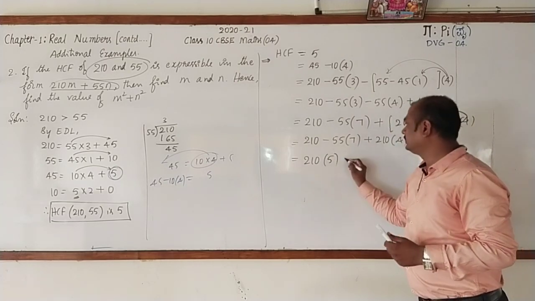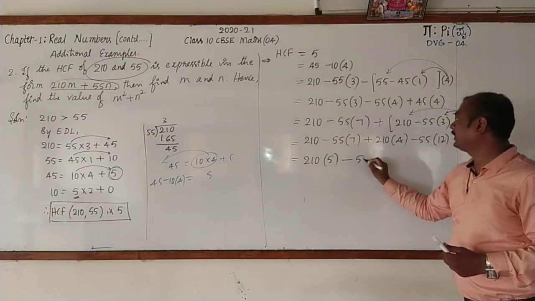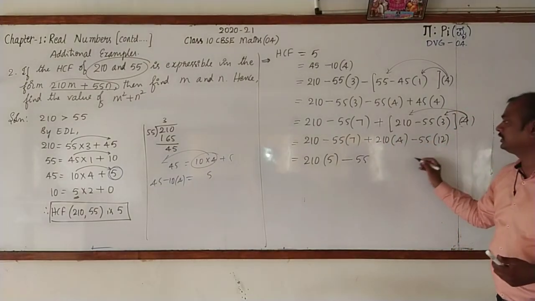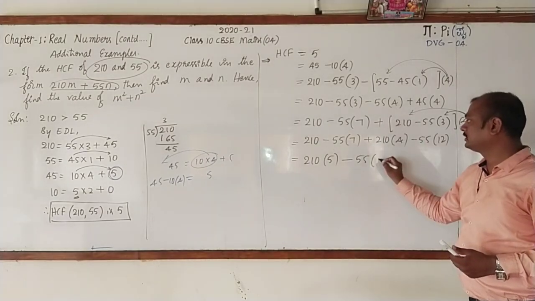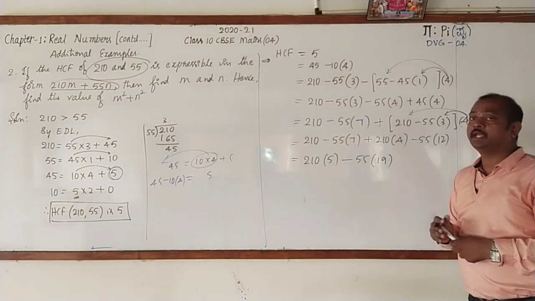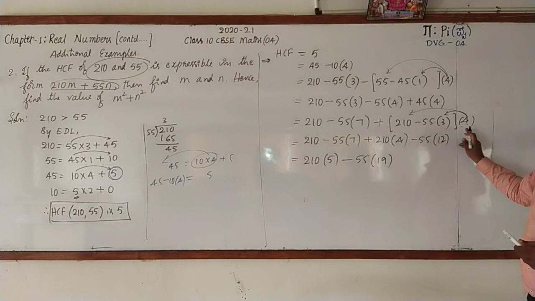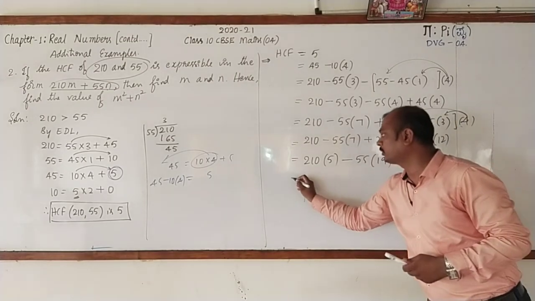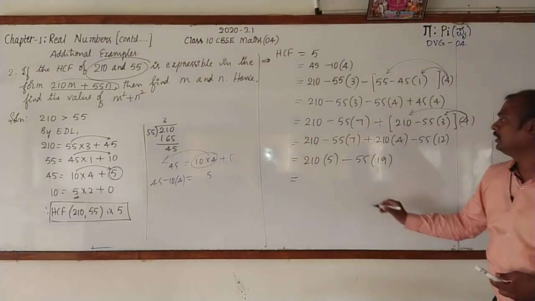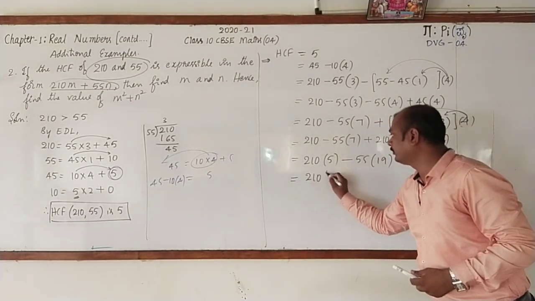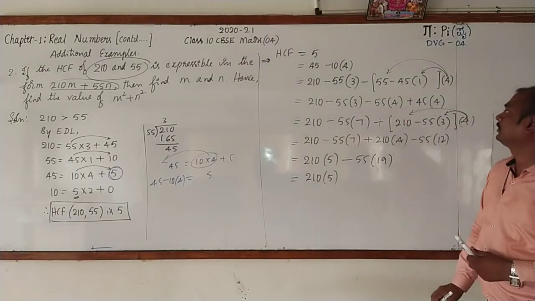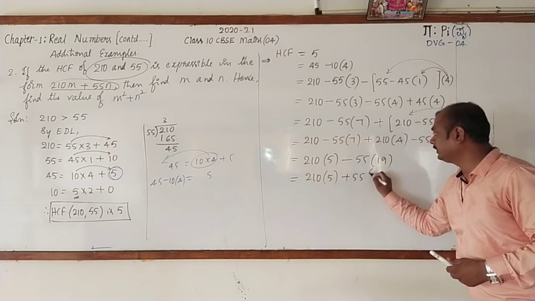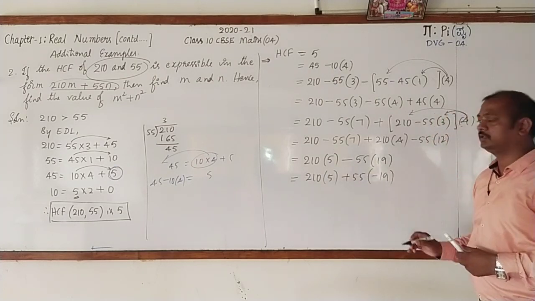Understood? Now this minus 55. Minus 55 how many times? Here 7 times. Here 12 times. Altogether how much? It is 19 times. 12 plus 7, 19 times. It is equal to 210 5 times, then plus 55, take minus inside, minus 19 times.